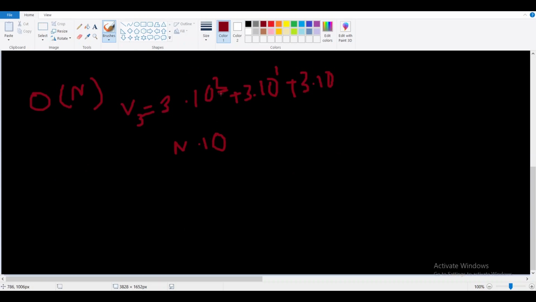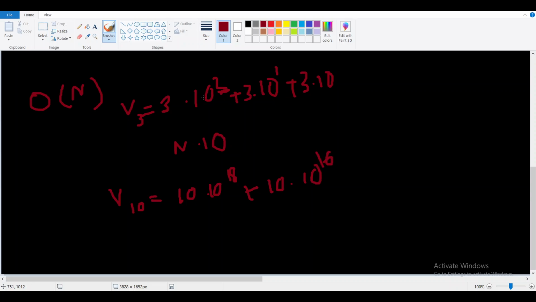So what is the exponent then? Let's try to think about V10. V10 is 10 times 10 to the power 18 plus 10 times 10 to the power 16, like that.